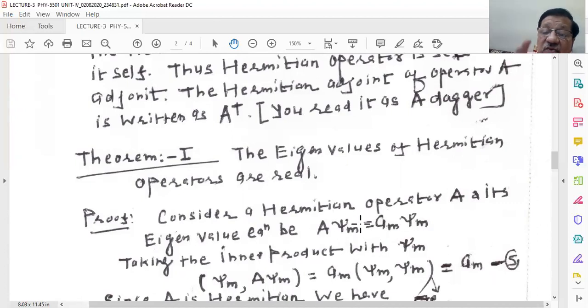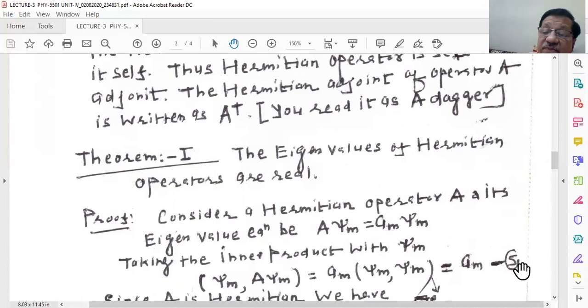Here we can say that psi m is the eigenfunction of operator A corresponding to, or belonging to, the eigenvalue a m.